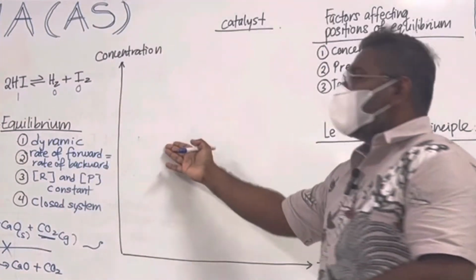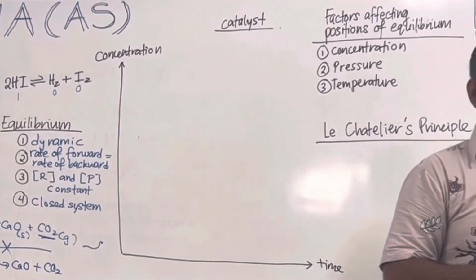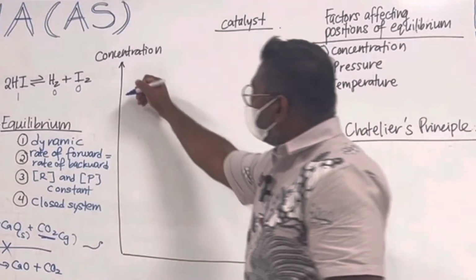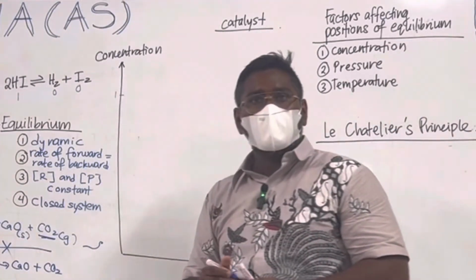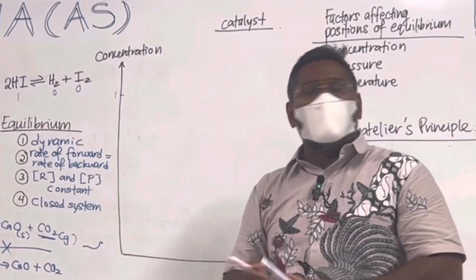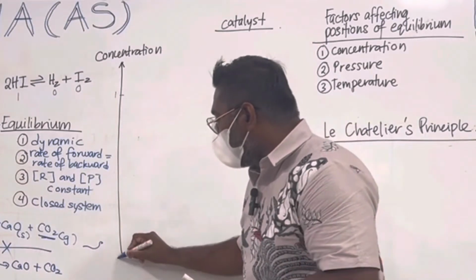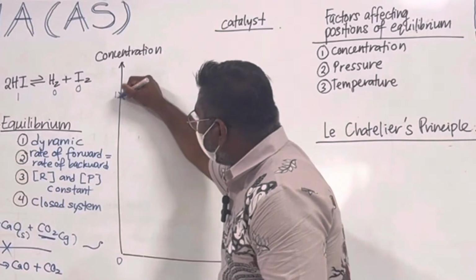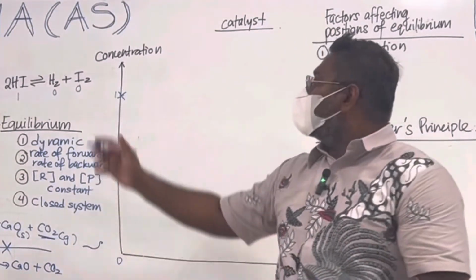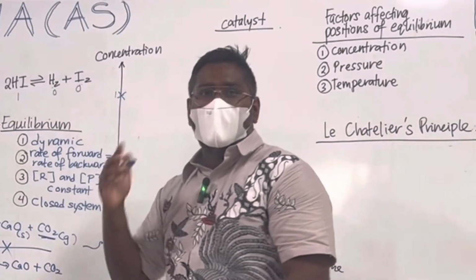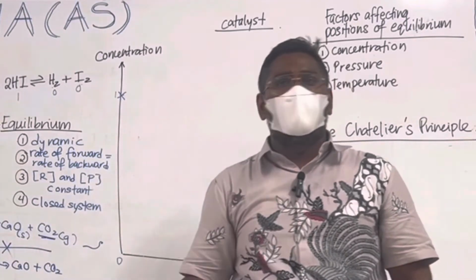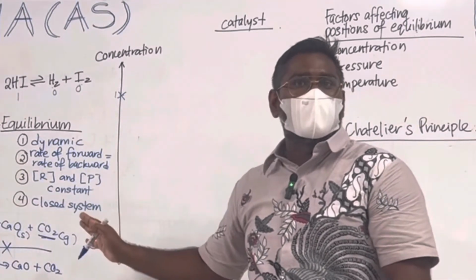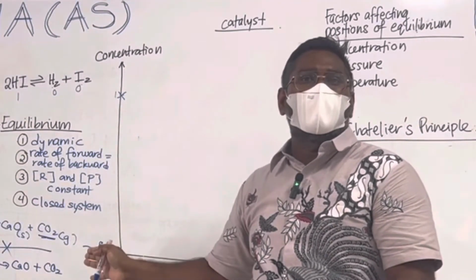Let's say I'm going to draw a graph over here, and let's say this is going to be 1. This is at time 0. At time 0, I have HI. Since I2 is almost the same, I'm just going to show H2 only. I2 is also the same graph.